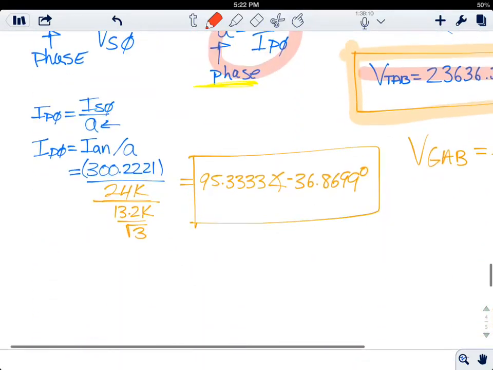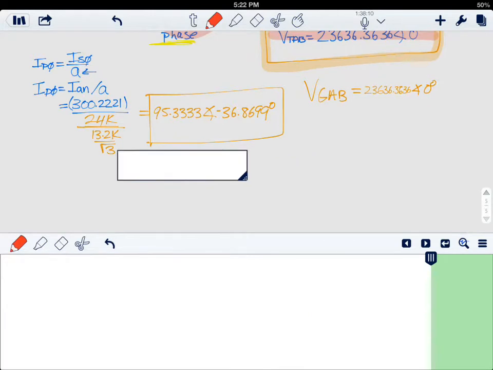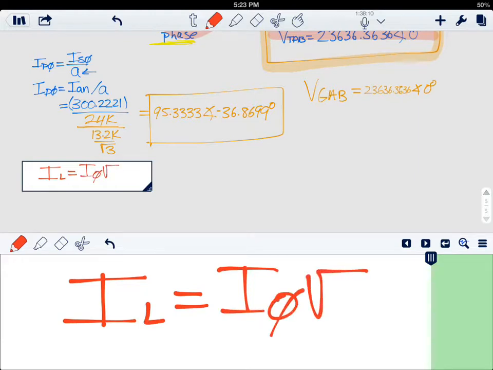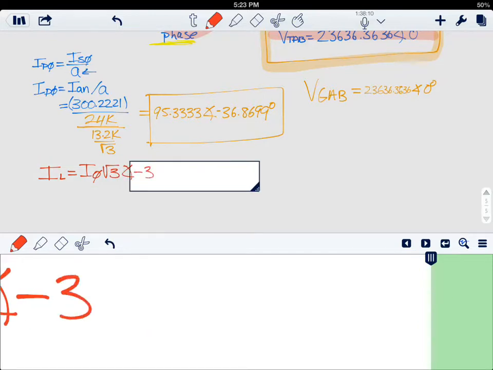This can be easily transformed using the Y-delta circuit analysis transform for a current, and we know that the line current is going to equal the phase current in delta times the square root of 3 at an angle of minus 30 degrees.